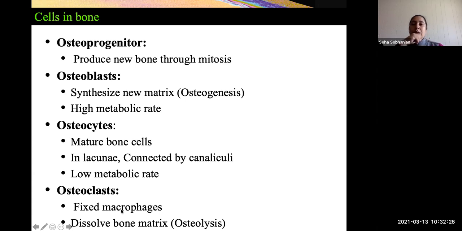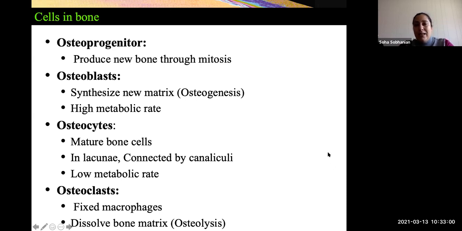They have a very acidic environment and they literally dissolve your bone matrix. So the osteoclasts are going to undo what your osteoblasts did. The process is called osteolysis. Again, osteo means bone. Lysis, if you remember from our last lecture, basically means destruction. So their job is to destroy bone.